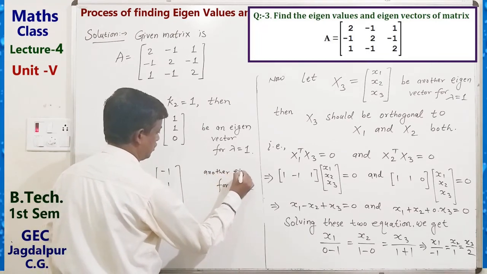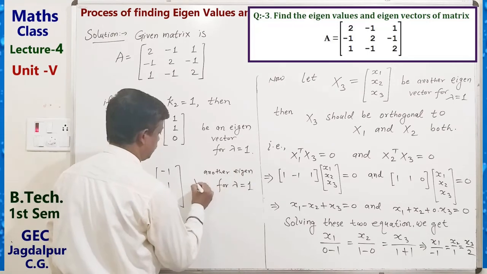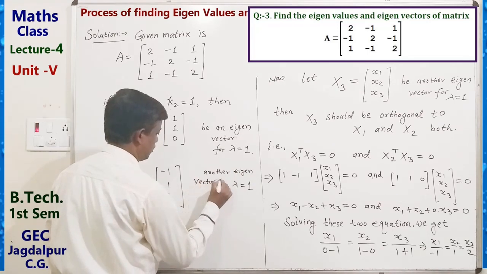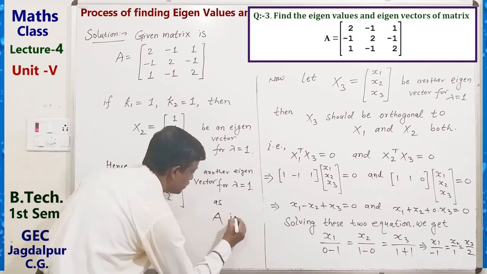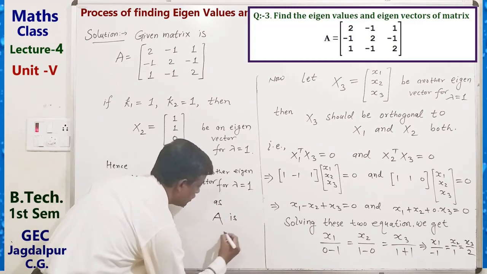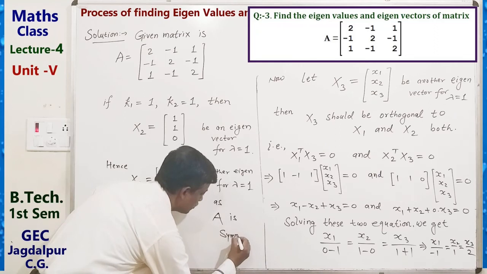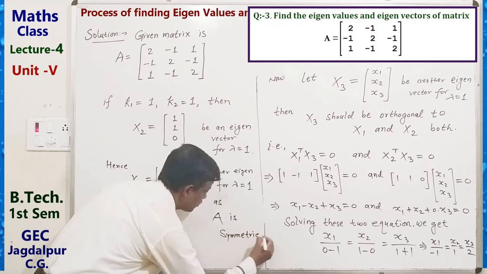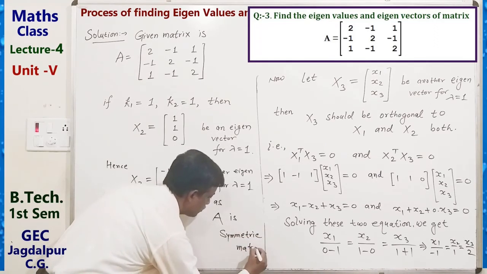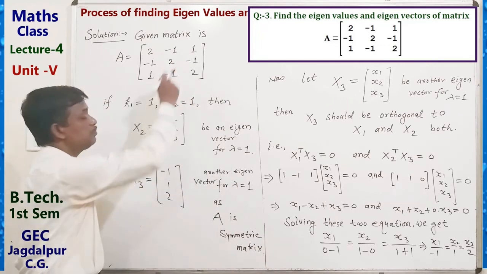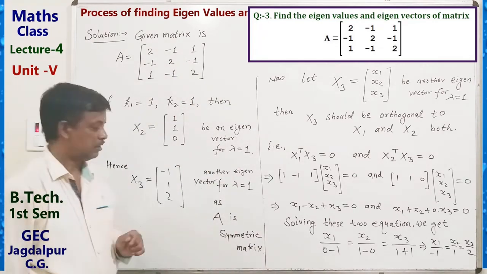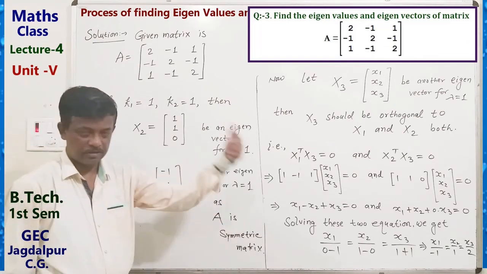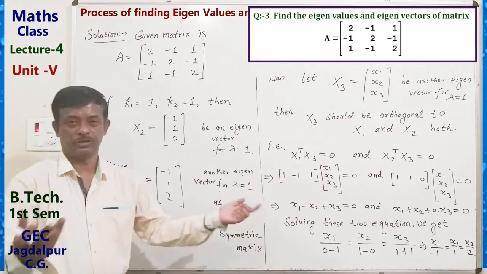Another eigenvector, as A is a symmetric matrix. A is a symmetric matrix, that's why for equal roots lambda equals 1, x3 is found by using this orthogonal condition.